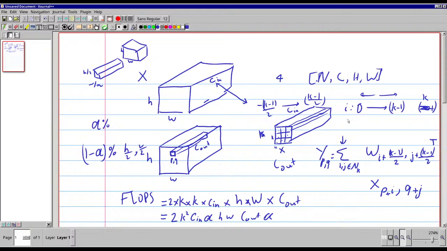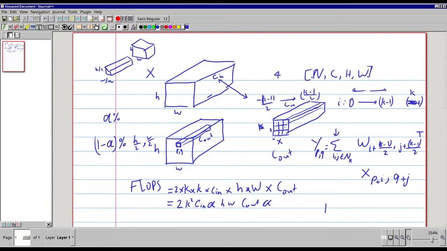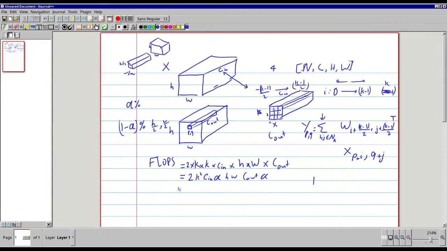Next part would be plus 2 K squared C in (1 minus alpha), H over 2, W over 2, C out (1 minus alpha).